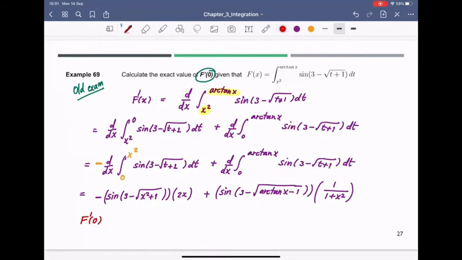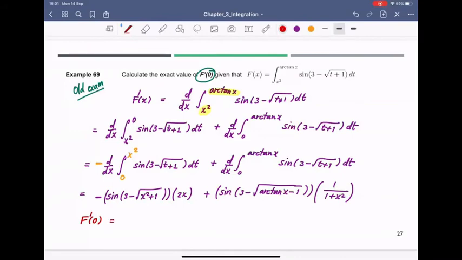The answer is no. Otherwise, you get 0 all the time, because if you plug in the x value first, you get a constant, and then when you differentiate, you get 0 all the time. That is not acceptable. So the correct way is you find the derivative first, and then you plug in 0 after.